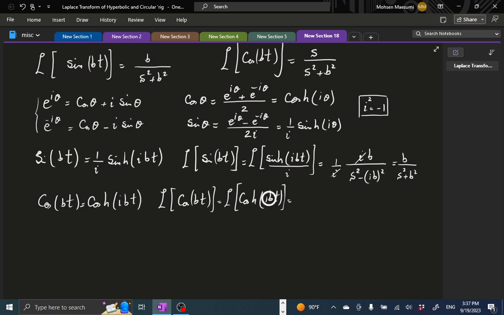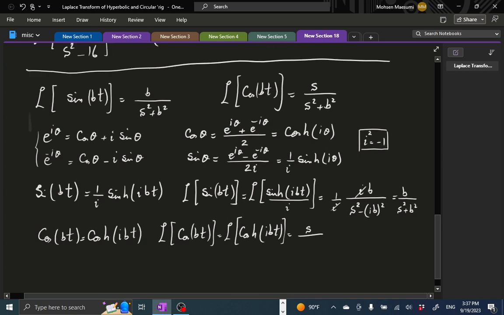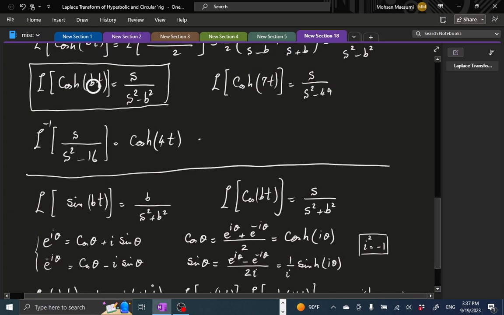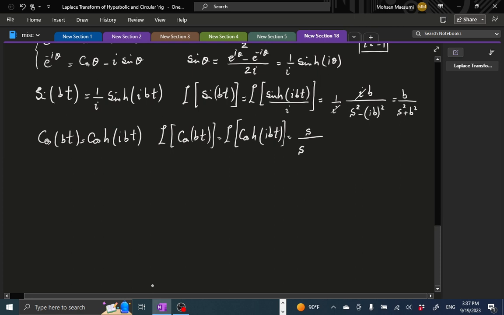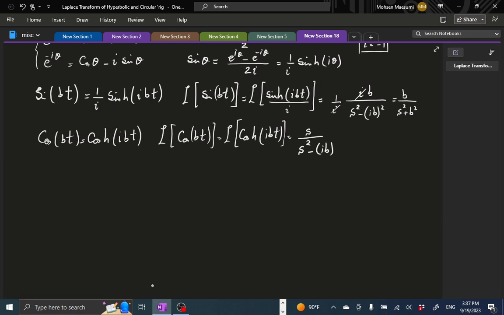And that was what? For cosine, we had the following formula: cosine hyperbolic of bt, s over s squared minus that number squared. So s over s squared minus the multiple of t. Multiple of t is ib, and when you square it, i squared becomes minus 1, cancels this minus, makes it plus, so I'll have s squared plus b squared, and then s in the numerator.